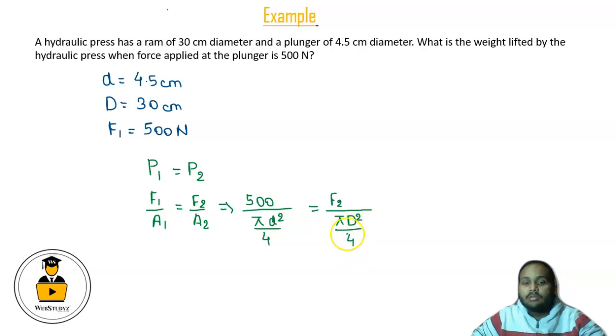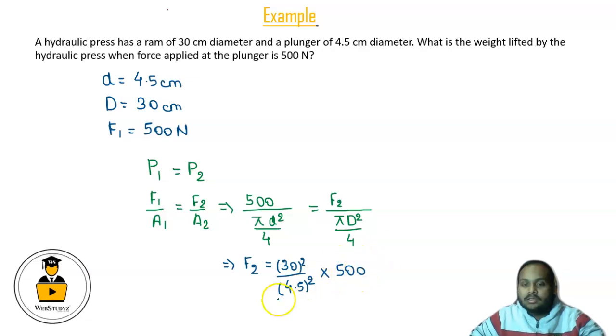Now, if we substitute the values of small d and capital D, we get F2 equal to capital D, that is 30 square, divided by small d, that is 4.5 square, into 500.